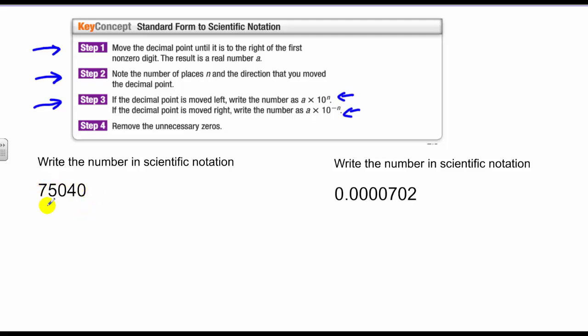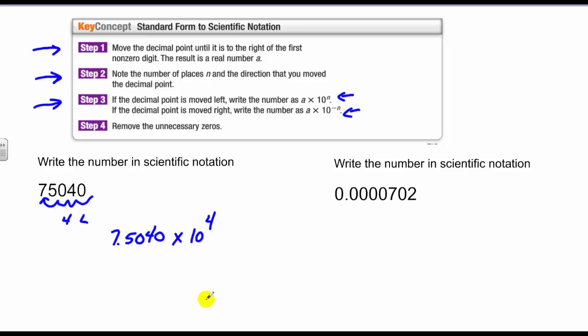I need to take this number, since there's no decimals, and move 1, 2, 3, 4 places to the left. So since we're moving to the left, our power is going to be positive. And my number is 7.5040 times 10 to the fourth, since I moved to the left.